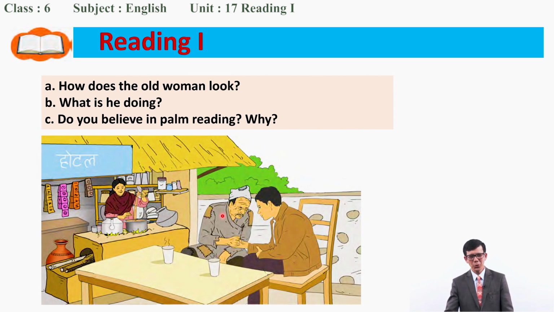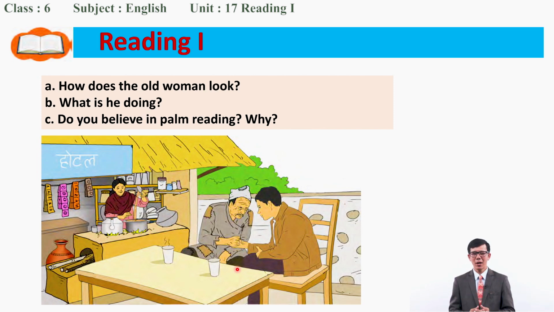And then what is he doing? All right. Maybe the old man, right? What is he doing? Oh, maybe something surprising. The old man is looking at his what? Right, palm. Okay, you can guess. Maybe he is predicting, all right? He's telling the fortune, all right?